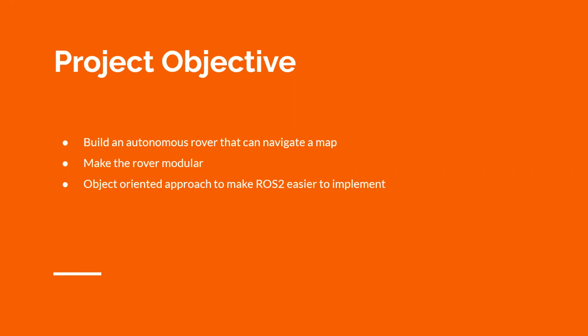One of the requirements was to make the rover modular, where you can modify the number of wheels or sensors or the orientation of the rover, so that based on the terrain you can decide which one fits the best. We also need to have an object-oriented approach to build this project so that it's easier to implement for the user.